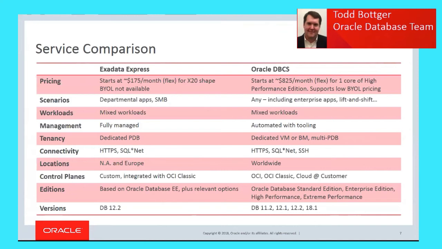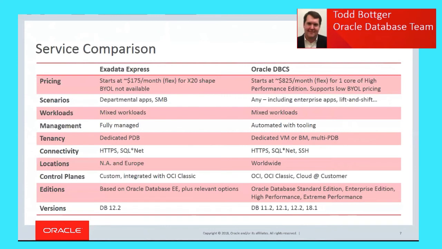For the tenancy model, Exadata Express gives you a dedicated PDB, or pluggable database. This is a containerized database running in our multi-tenant architecture. With DBCS, you have access to the full VM or the full bare metal machine that is hosting and running the database instance. You can have full CDBs, container databases that are running multiple PDBs, multiple containerized databases.